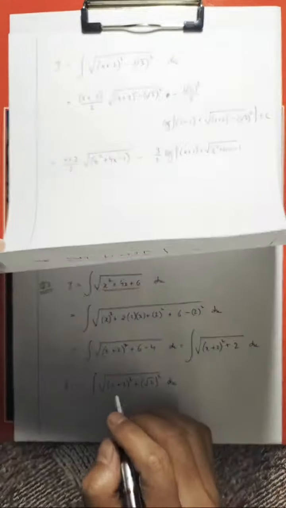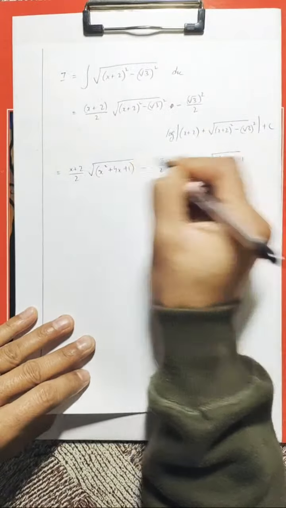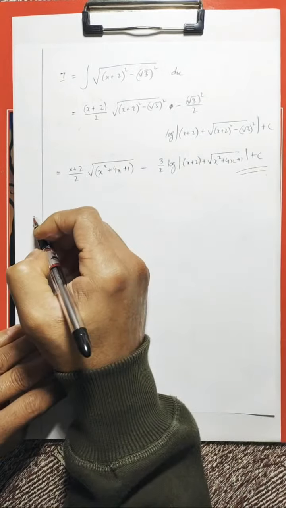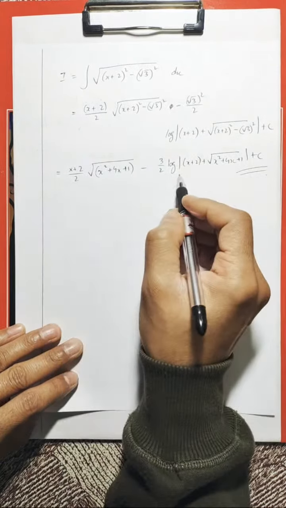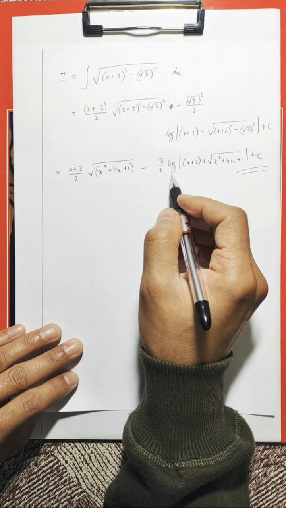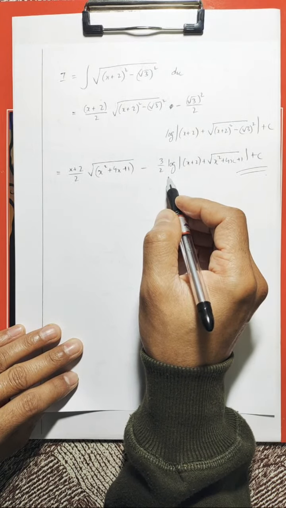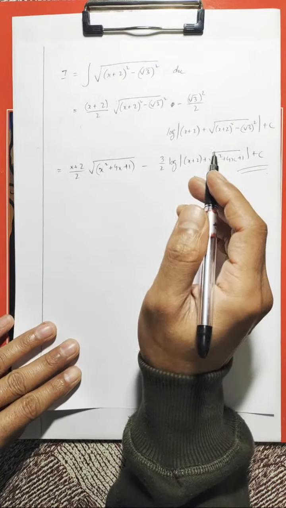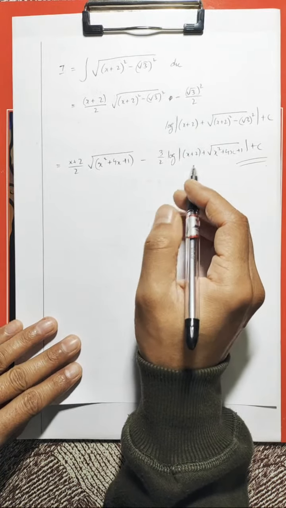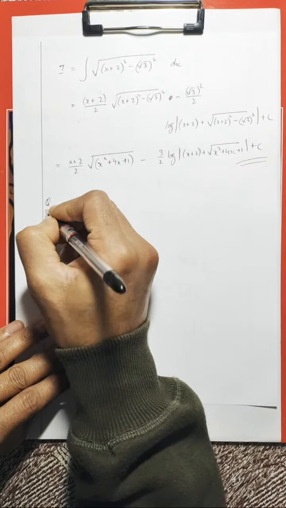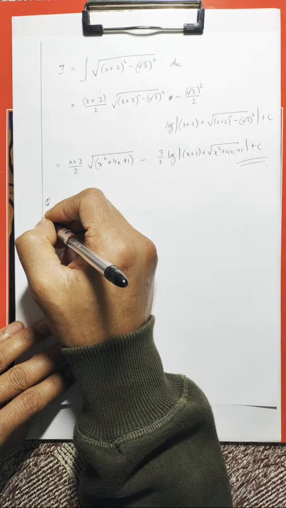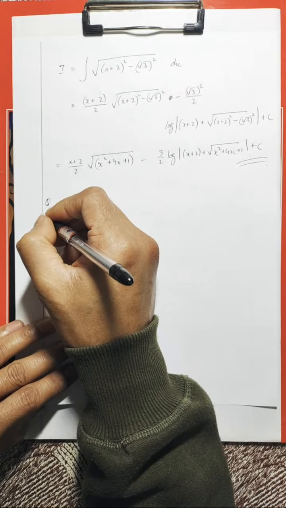X square plus 4x plus 1, not minus 1. Done. Next question, number 5.